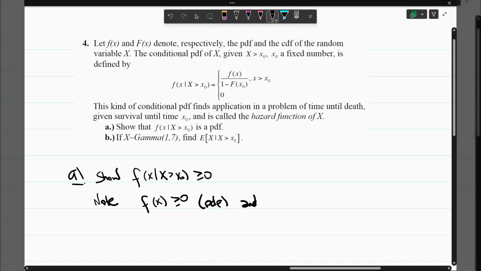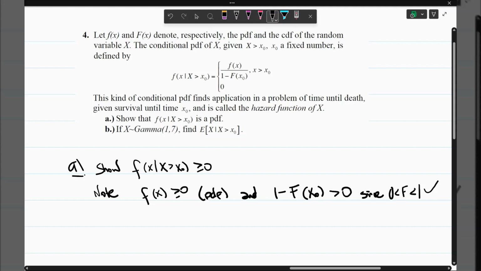And 1 minus F of x naught is bigger than 0 since every CDF lives between 0 and 1.